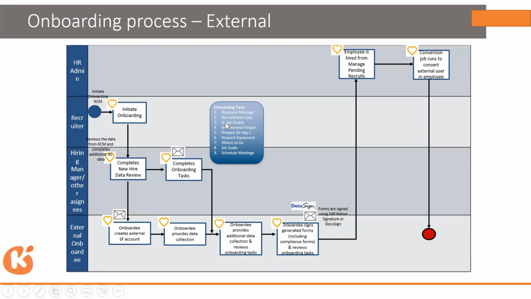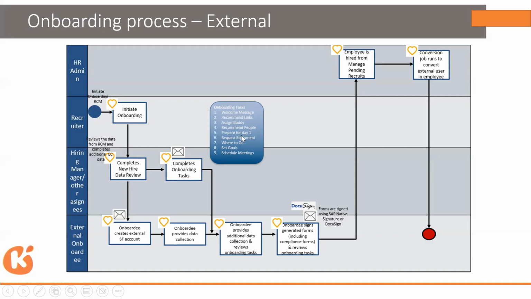And there is one more advantage here. Let's say the client says the welcome message should be assigned to the recruiter, and recommend people should be assigned to the recruiter, whereas request equipment should go to the IT team. This task should be assigned to the IT team, not the recruiter, so that we can be flexible for them. For each task you can assign a different user, or you can assign all the tasks to one person.